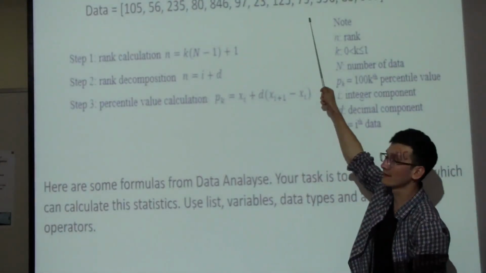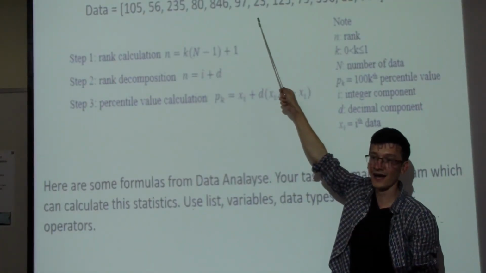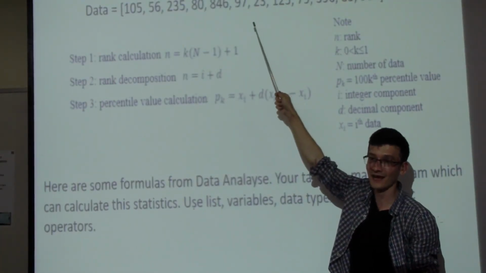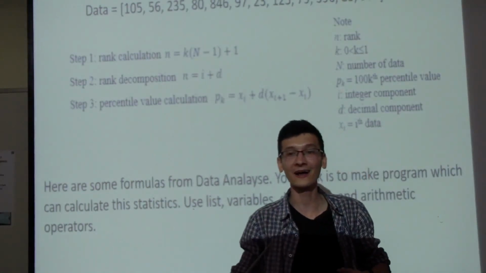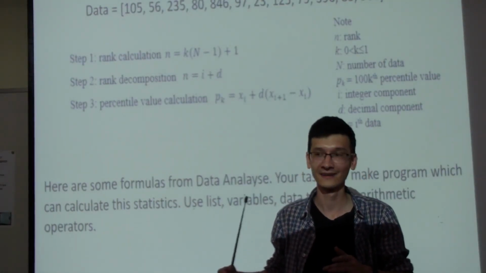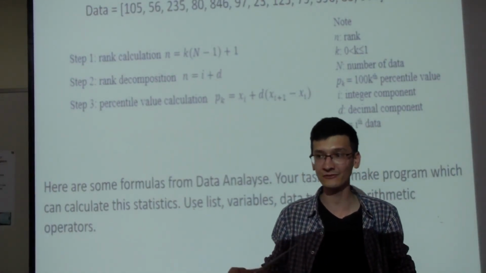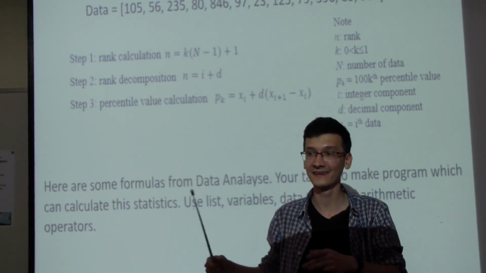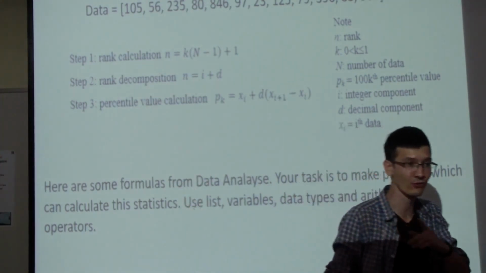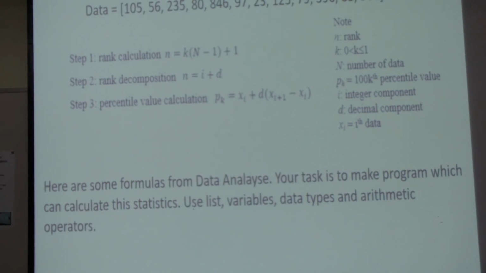We have a list. How many data do we have in the list? What function can we use? The len function will give us the number of values. First, we should write this list into our program on the top.